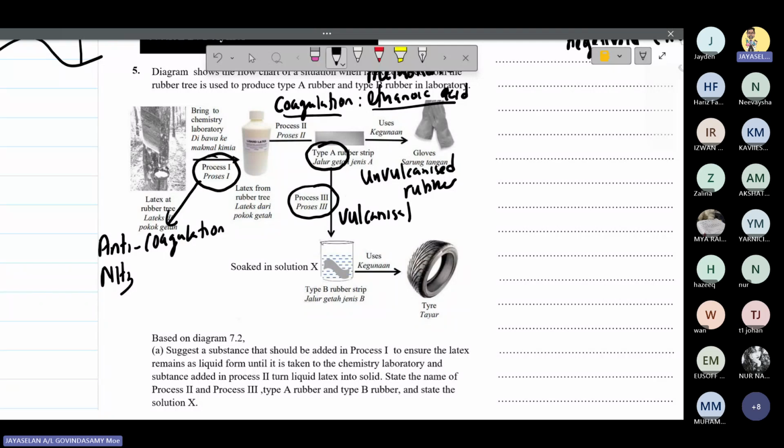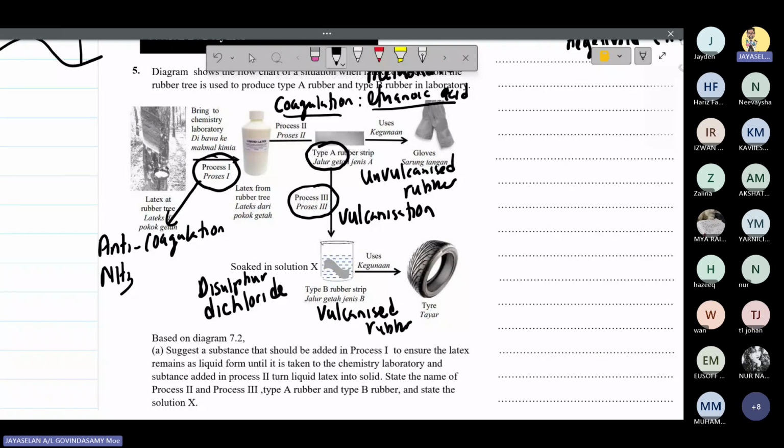We call it the vulcanization process. So they soak it in what solution? Disulfur dichloride solution. And rubber strip B is known as vulcanized rubber.